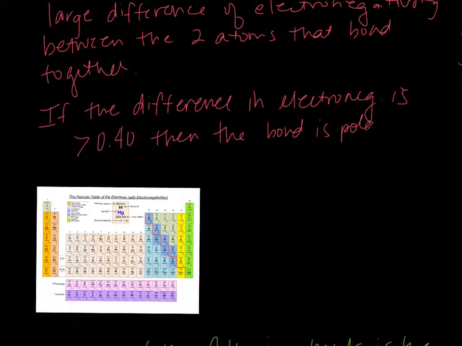You can actually predict if a bond is going to be ionic if the difference is greater than 2.0. But we're not going to get into that because this video is typically just about polar covalent bonds.